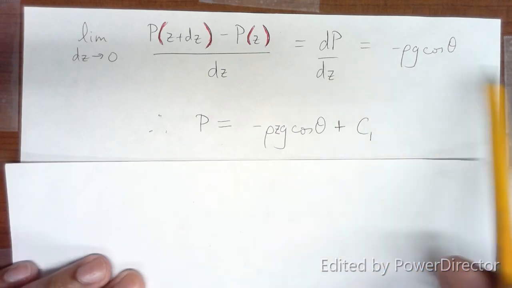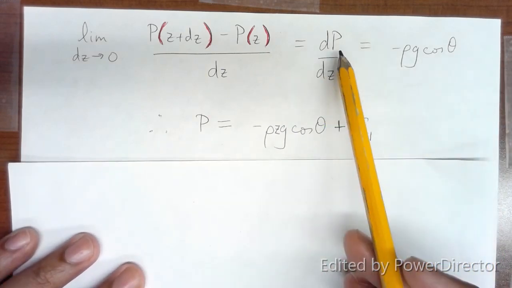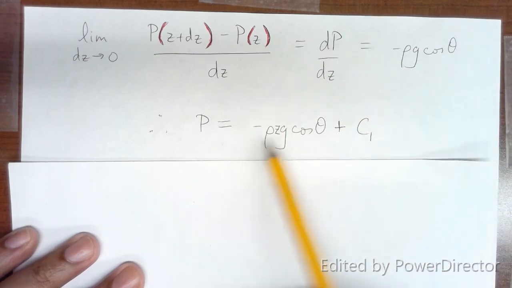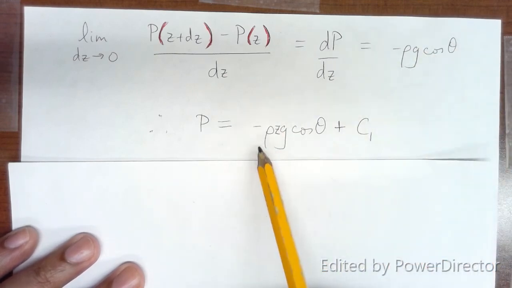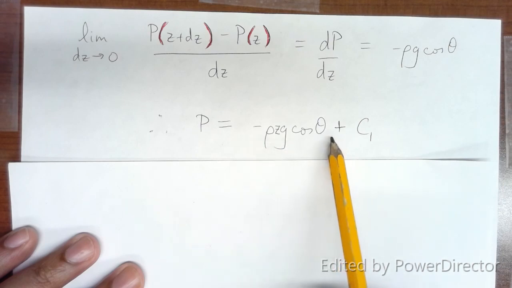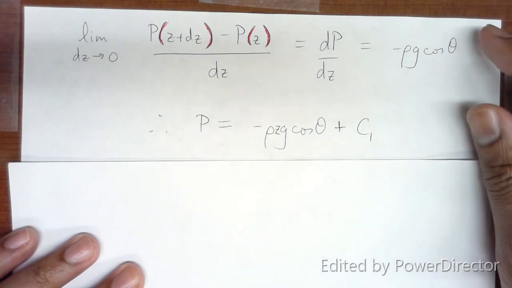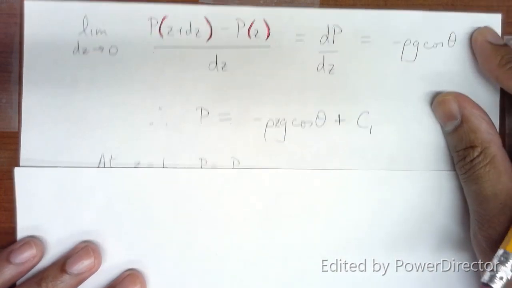And this is a straightforward equation. We can integrate it to find the pressure. So we integrate it. All these terms are constant. So we just get minus rho z g cosine theta and then plus a constant, which we'll call c1. We would like to fix that constant.